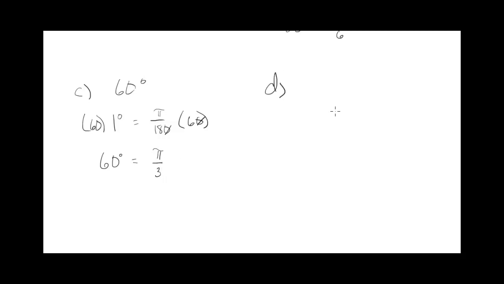Just as a fourth example, let's go 315 degrees. So it's a bigger one, 315 degrees. And again, you do this the same way. So we know that 1 degree equals pi over 180. Multiply both sides by 315.